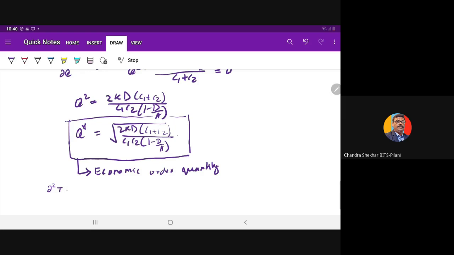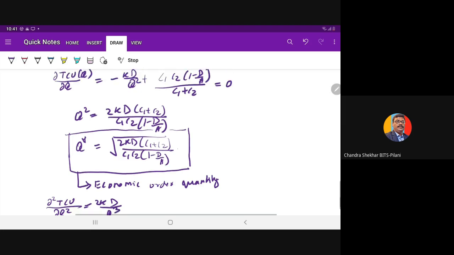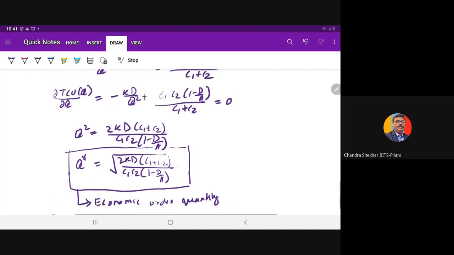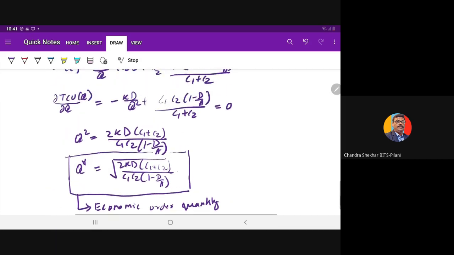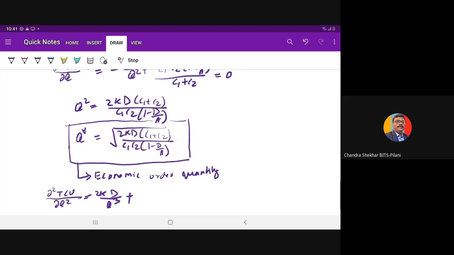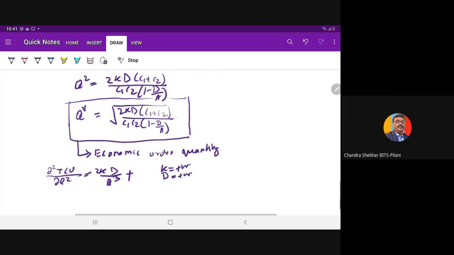If you compute del square TCU upon del Q square, the derivative will come 2 KD upon Q cube, plus 0, as there is no term in Q. Here K is positive, demand is always positive, and Q is always positive.